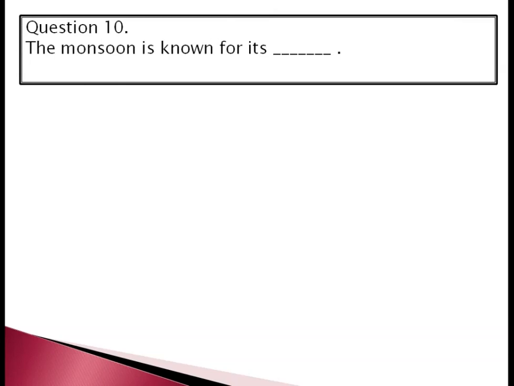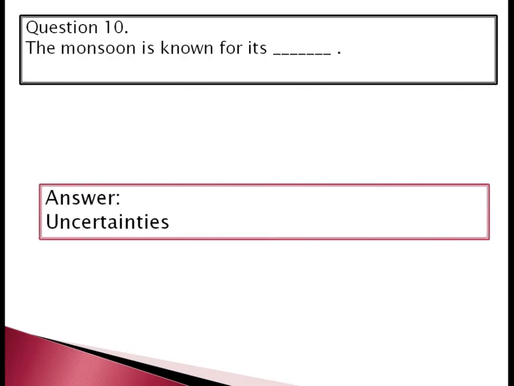Question number 10. Monsoon is known for its uncertainties. Sometimes monsoon comes earlier, sometimes monsoon is delayed.